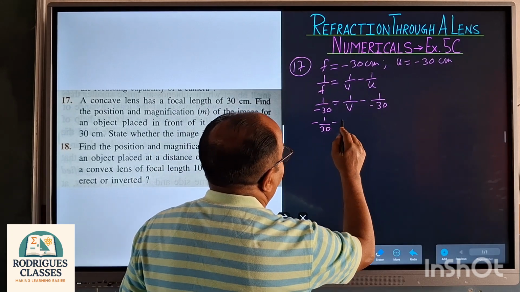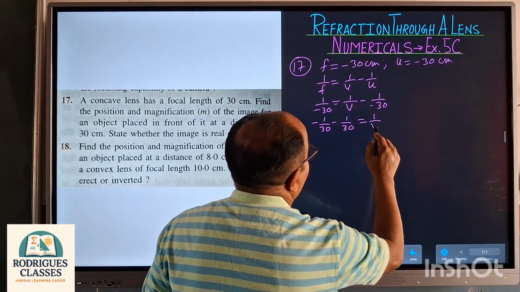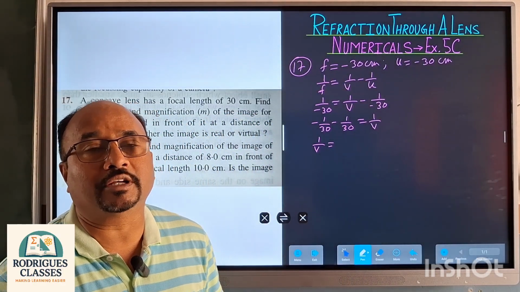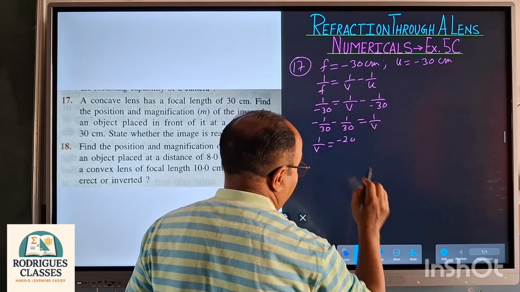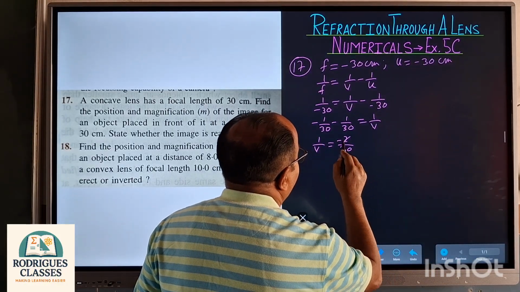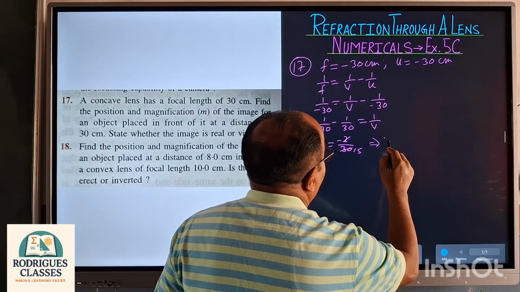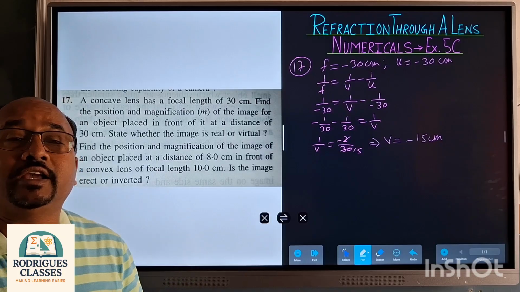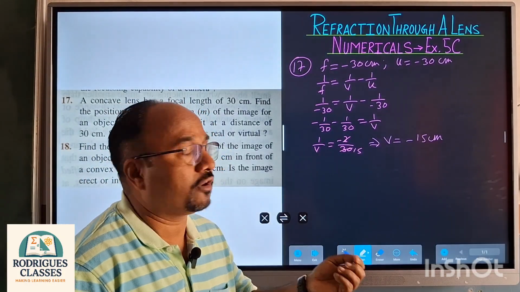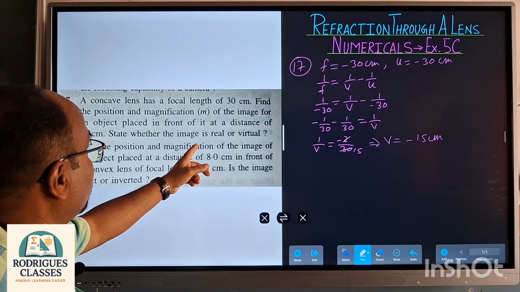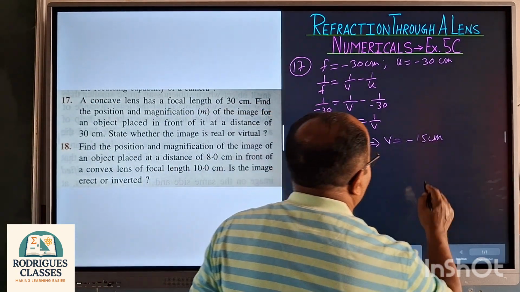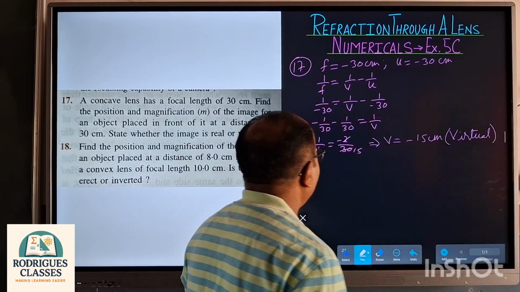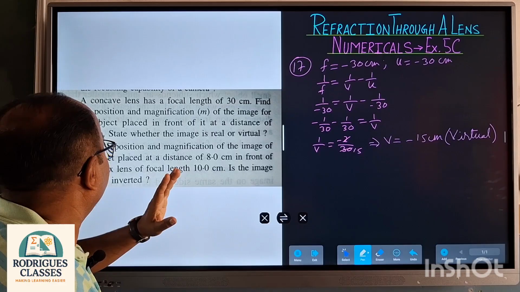When it comes to this side, it becomes minus 1 by 30 minus 1 by 30, which is minus 2 by 30. So this gets cancelled, and we get V as minus 15 centimeter. V coming in negative makes it clear that the nature of the image is virtual. It was asked whether real or virtual, so I can write that answer over here only: it is virtual. So we have got V and told about the nature also, which was asked.